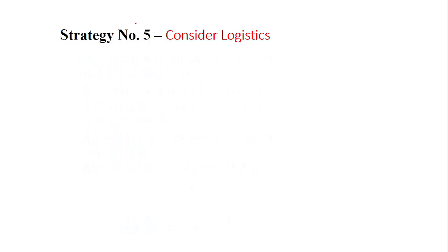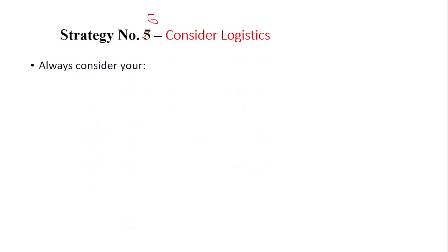Now, the other one, which will be actually strategy number 6, is to consider the logistics, right? What are these logistics? Logistics are the resources or tools that enable you to execute this strategy or ensure that you implement this strategy successfully.